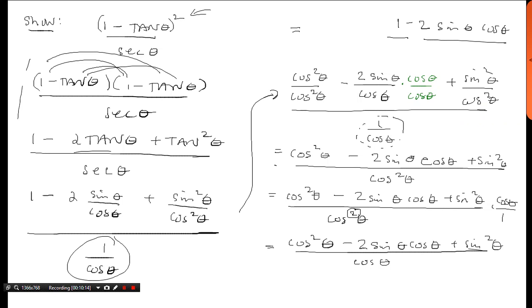My gut instincts tell me I forgot to divide this by cosine of theta, and you'll see why in a second. Think to yourself, what is cosine squared theta plus sine squared theta? This is 1, correct? Minus 2 sine of theta cosine of theta.